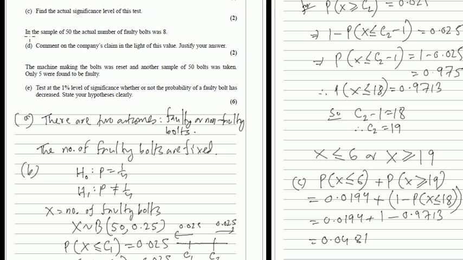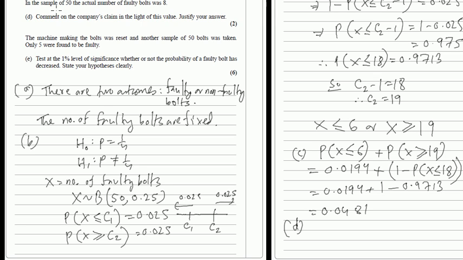Next, in the sample of 50, the actual number of faulty bolts was 8. This is actually a common question with critical region. Now 8 does not fall in the critical region.